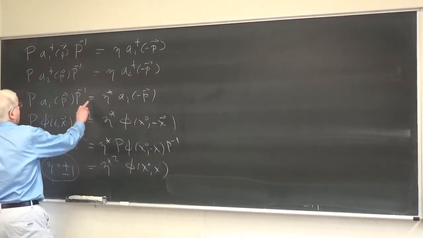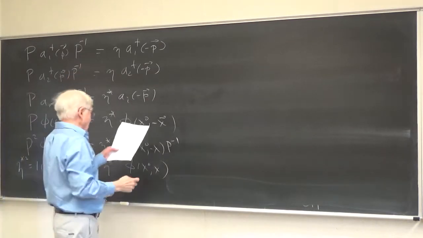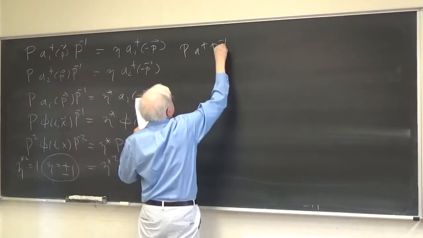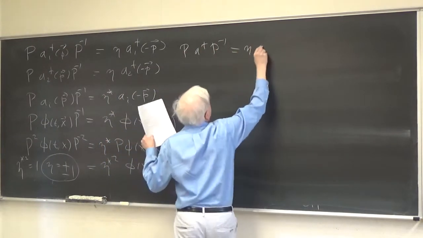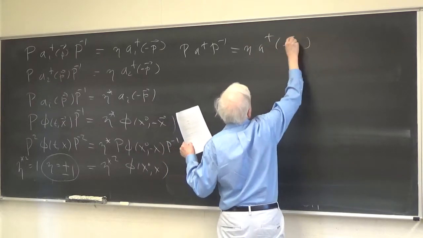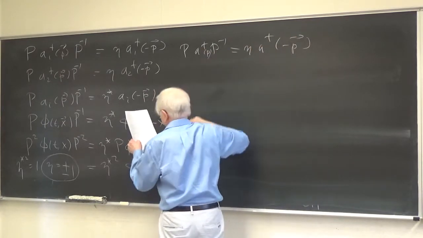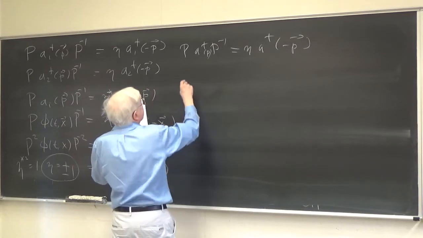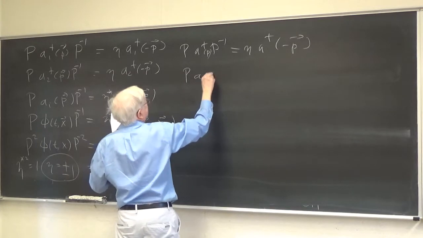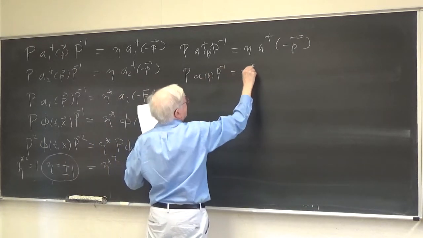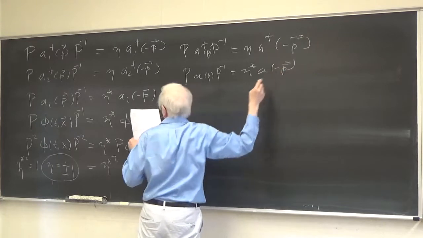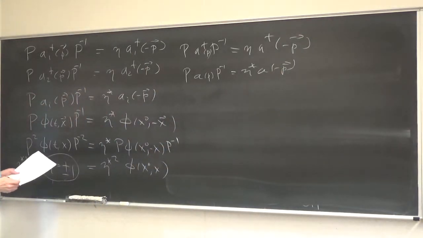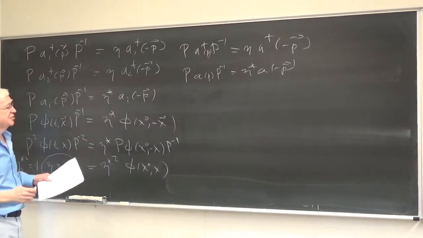So, I've said how the individual A_i's go. This means that P, A dagger P inverse, is equal to eta, A dagger of minus P. And it also means that P A of P inverse is eta star A of minus P. So remember here we're taking A is A1 plus i A2 over root 2.